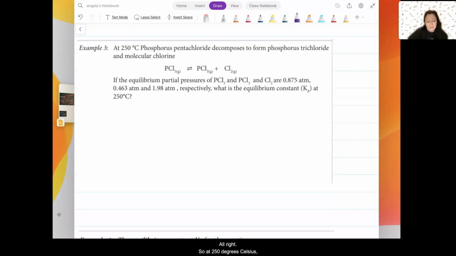All right, so at 250 degrees Celsius, phosphorus pentachloride decomposes to form phosphorus trichloride and molecular chlorine. Expect them to make you write that equation as well. So here's our equation.